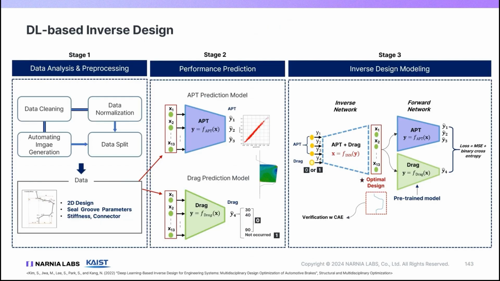Now, to explain the supervised learning method once again with a real example. Let's say you want to design the cross-section of a brake caliper, as mentioned earlier. If that cross-section is parameterized, it can be represented as an X with 13,000 dimensions, like this. That X is input, and you first create predictive models that can predict the Y you want.